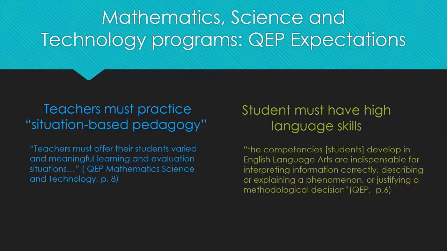In addition to requiring higher language skills to access knowledge in these classes, students have to employ a similar level of language skills to demonstrate their level of competency during assessments. These students have to use language skillfully to interpret information, describe phenomena, and explain any methodological decisions made.